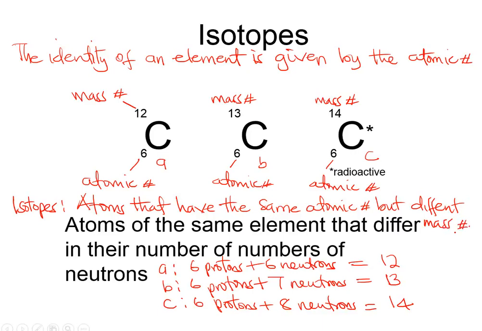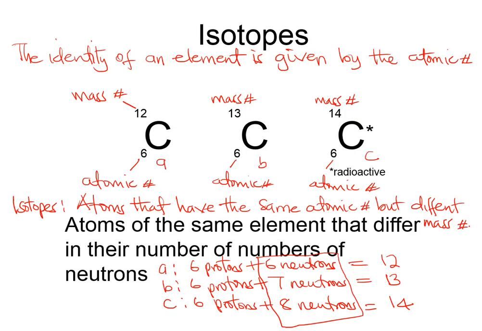Why do they have different mass number? Because they are different in the number of neutrons. So the isotopes will differ by the number of neutrons. So take note of that and the definition itself.